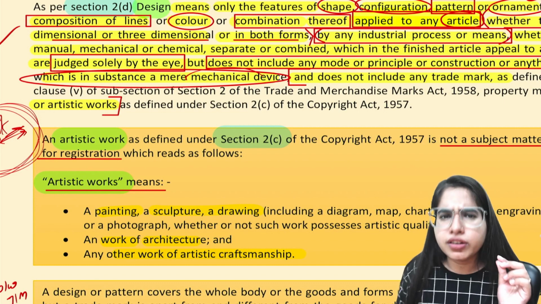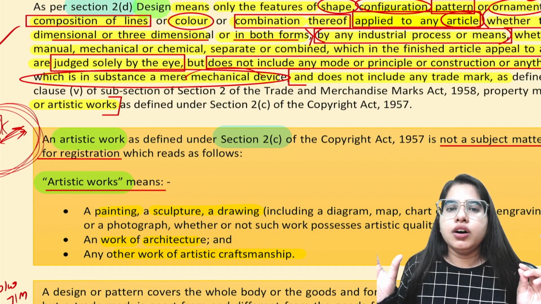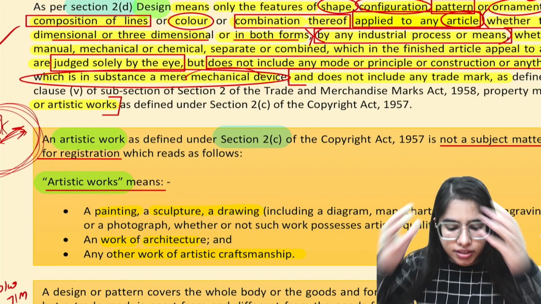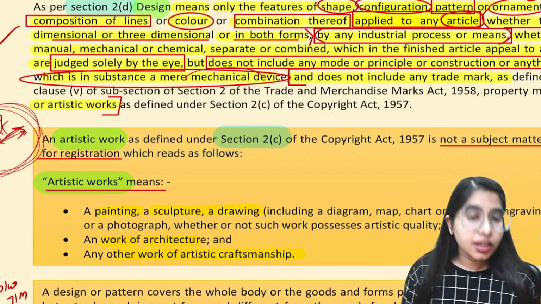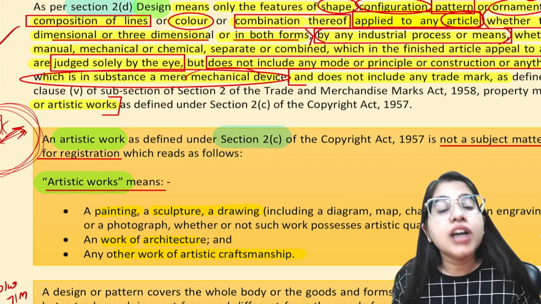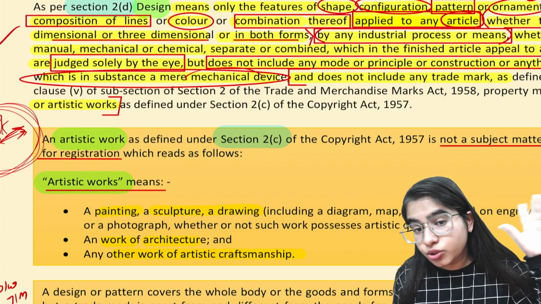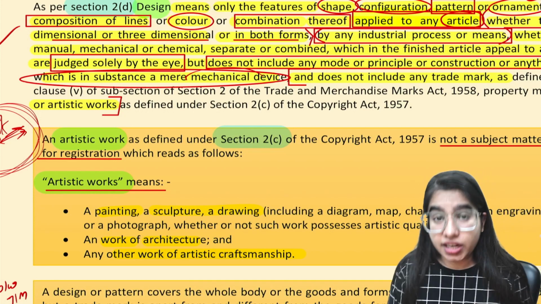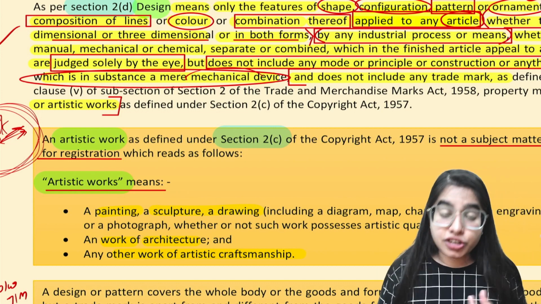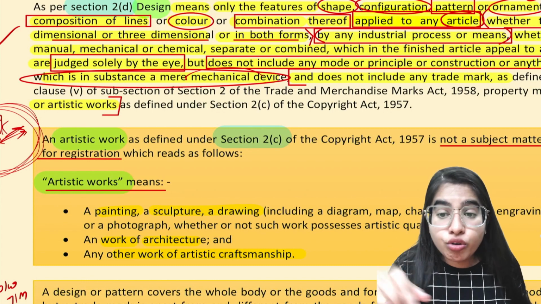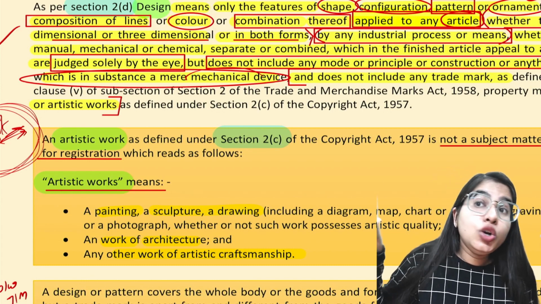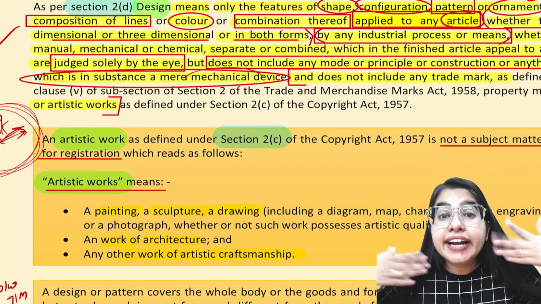I'll just give you one small example. The shape of the Ferrari car, that is the unique design of the product of Ferrari, that you can get design protection for. But the Ferrari logo, that yellow color logo, that logo of Ferrari is for the identity of Ferrari.